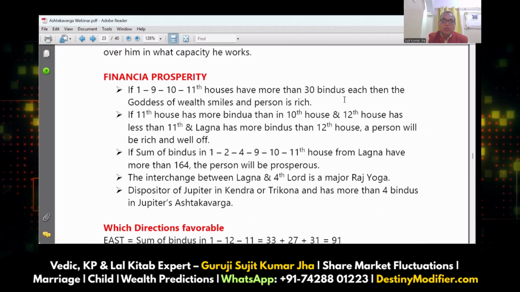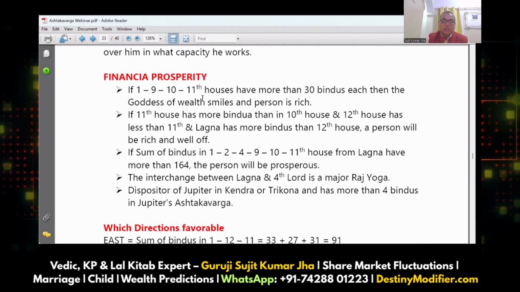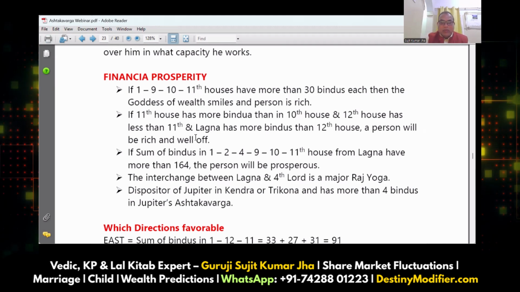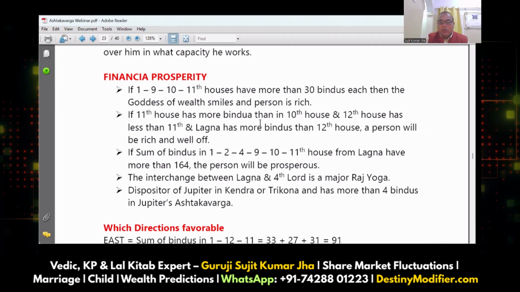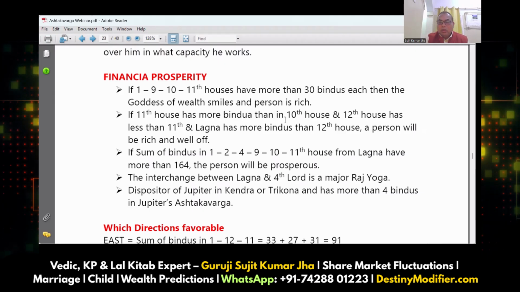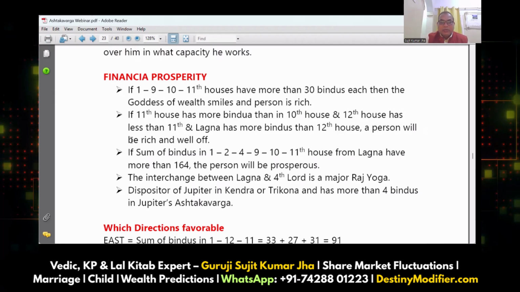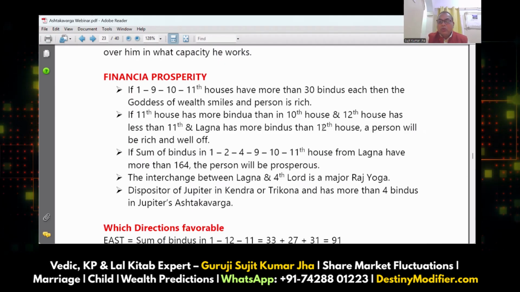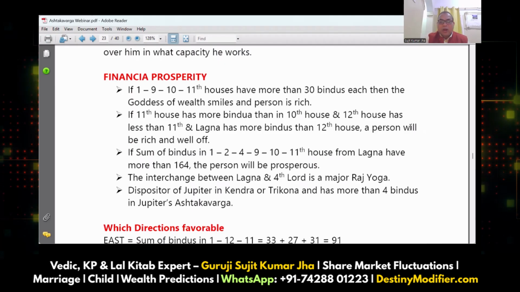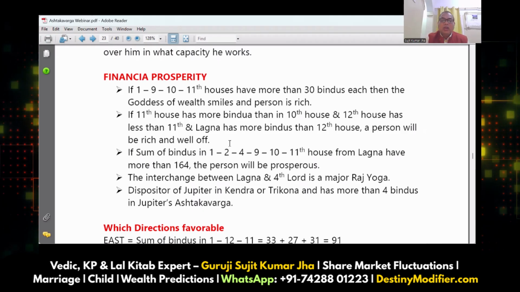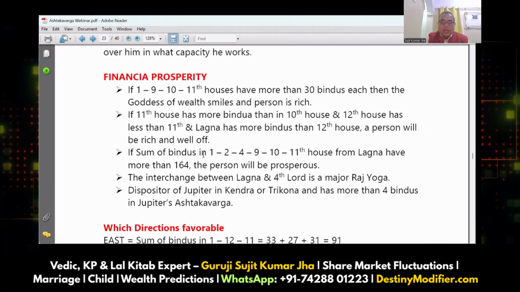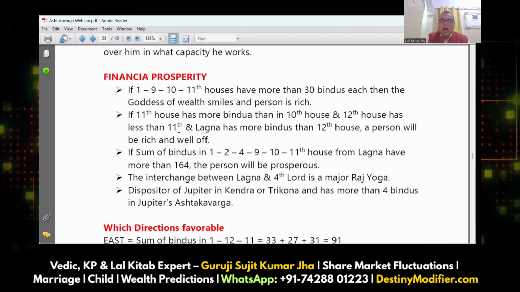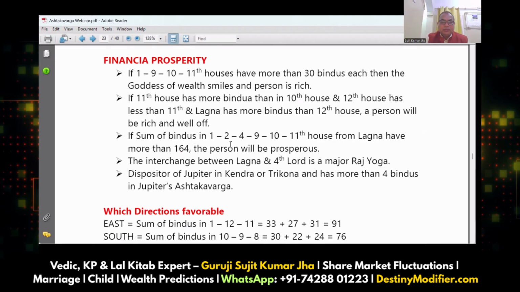Another rule: if the 11th house has more bindu than the 10th, the 12th house has less bindu than the 11th, and Lagna has more bindu than the 12th, it means the person will be rich and well off. So prediction is very easy. You only have to see how many bindu are in every house.